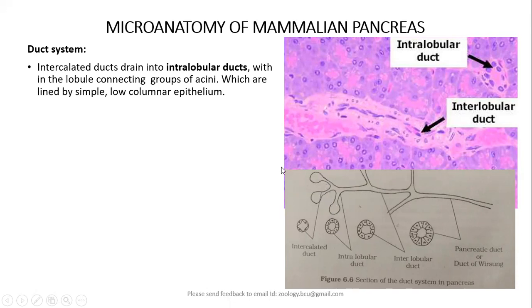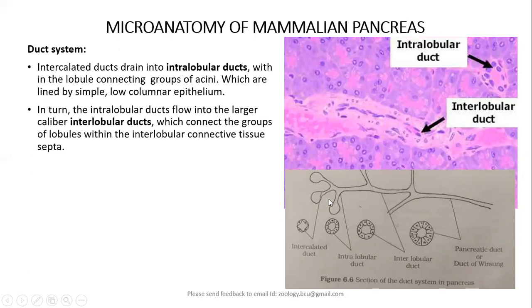The intercalated ducts drain into intralobular ducts within the lobule, connecting the groups of acini. These are also lined by simple low columnar epithelial cells, and in turn all these intralobular ducts join and flow into the larger interlobular ducts.